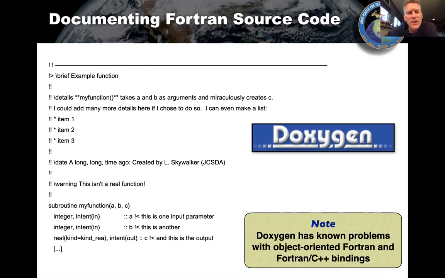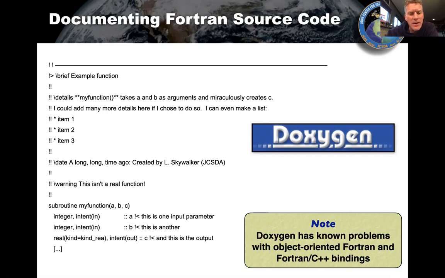Details is further information. Those two asterisks there demonstrate that Doxygen understands markdown format. So that would be boldface. And then this is a markdown list here, the items 1, 2, and 3. That is a standard markdown list. And there are other directives, date and warning.